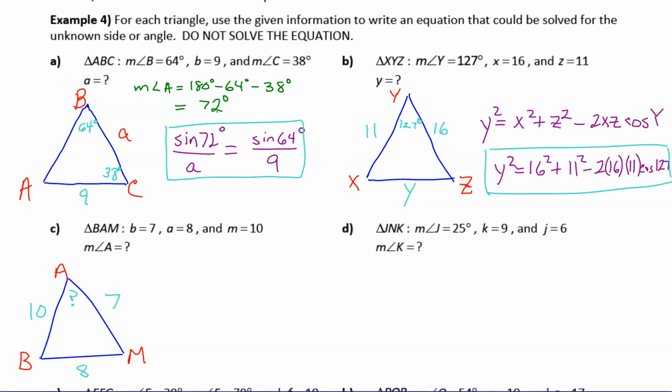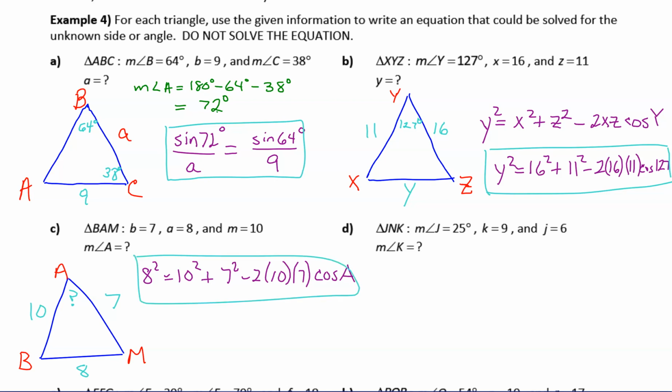We'll need to use the law of cosines that pairs together the opposite side 8 and A, the unknown angle: 8 squared equals 10 squared plus 7 squared minus 2 times 10 times 7 times the cosine of angle A. Again, notice in the law of cosines how 8 is the side that's opposite angle A, and they are on opposite sides of the equation. All right, try D on your very own.